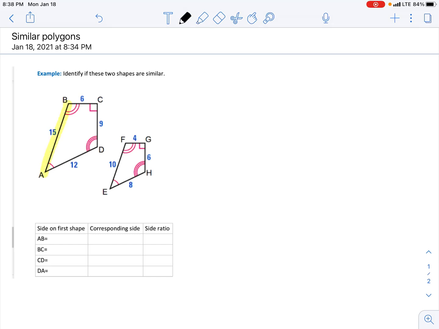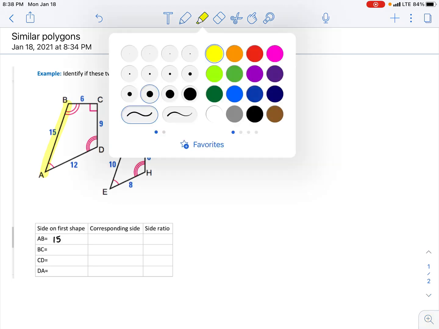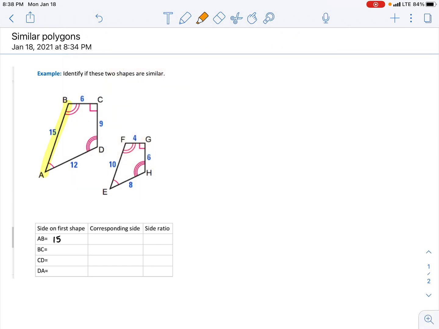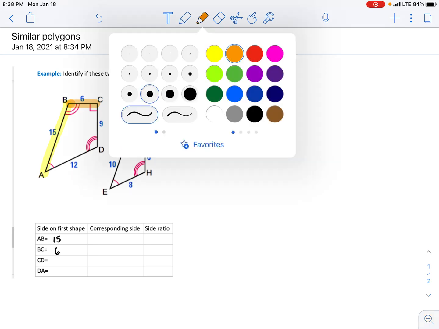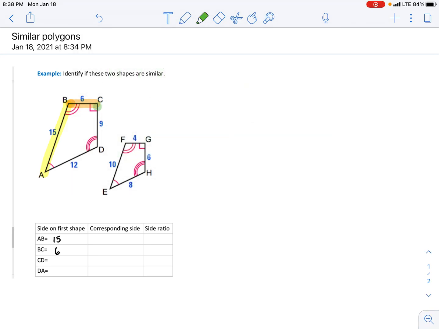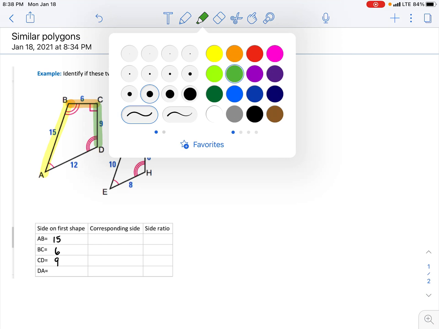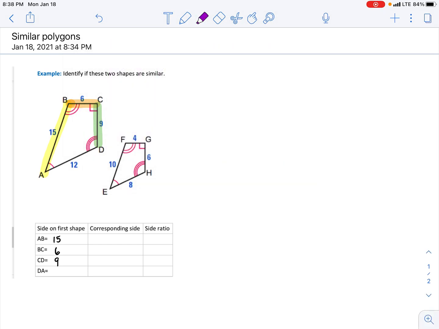I'm going to put that down in my first column, and then I have that my side length for BC is 6. My side length for CD is 9. And then my side length for DA is 12.